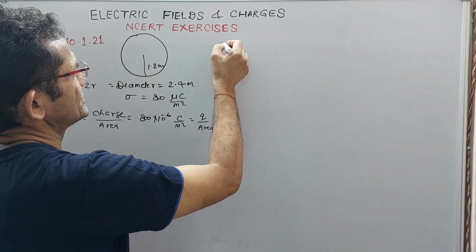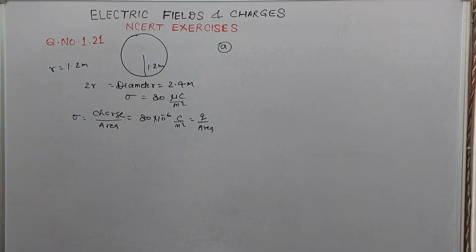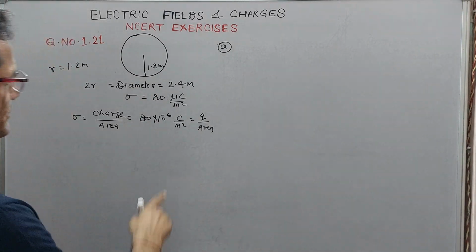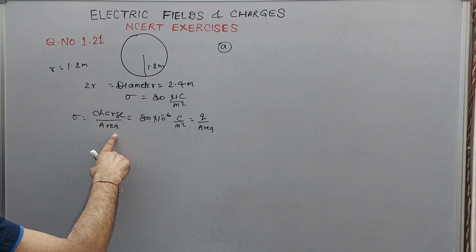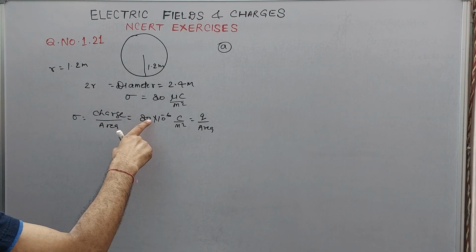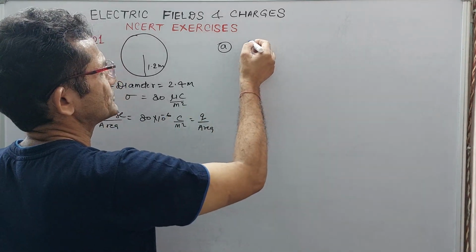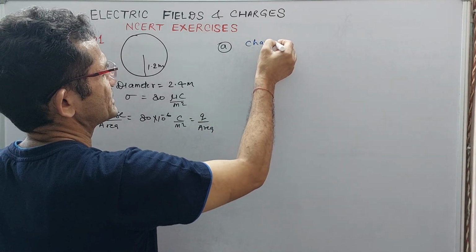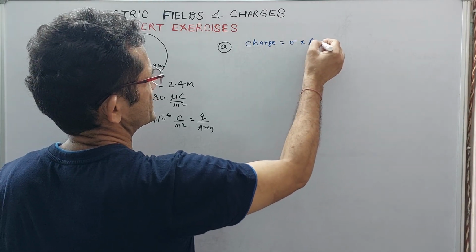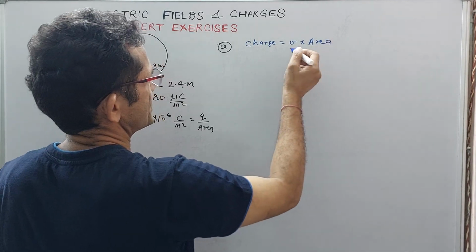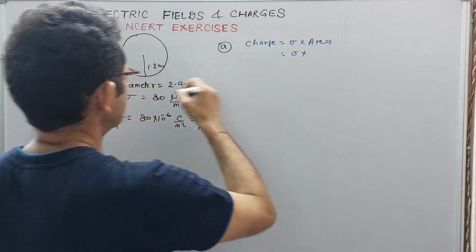Charge is equal to surface charge density multiplied by area of the spherical surface. So charge on the spherical conductor is equal to sigma into area of the spherical surface.